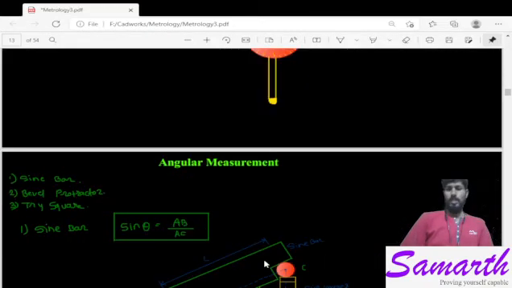We will discuss this angular measurement in detail in the next lecture.